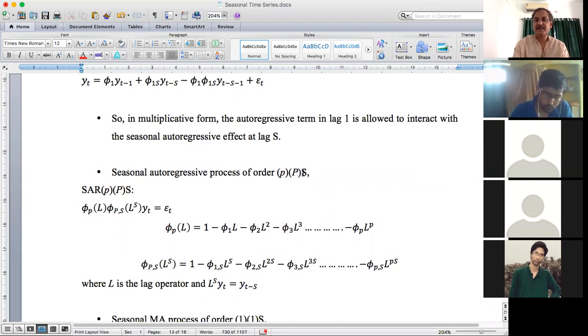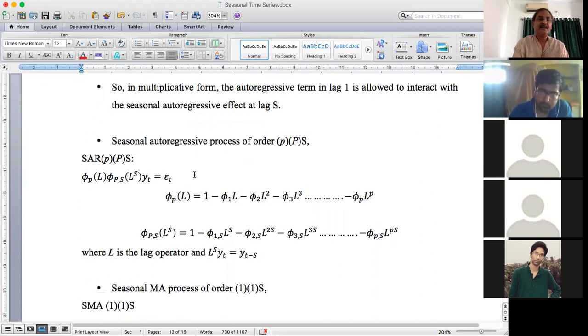S is the seasonal dimension. So you have to keep in mind, to express the autoregressive process in seasonal data, we actually need 3 elements. One is the order of autoregression in the non-seasonal part, the order of autoregression in the seasonal part, and the frequency of the season.